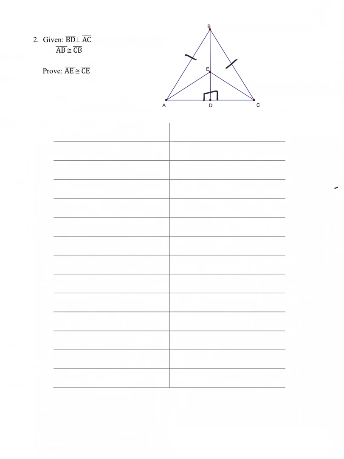And then we're going to have these hypotenuses. So right now, I'm focused on this triangle. We're going to do hypotenuse leg for that triangle. Then once we have that triangle, what we could do is subtract ED.